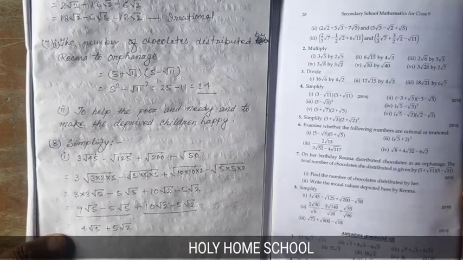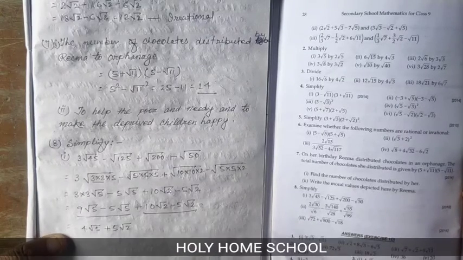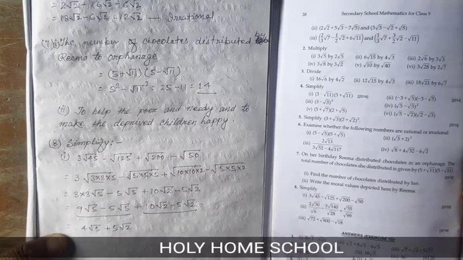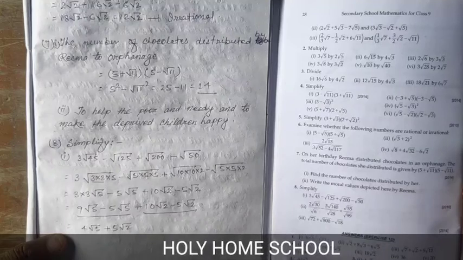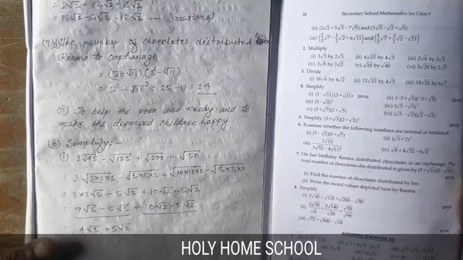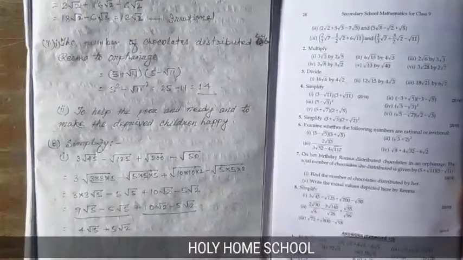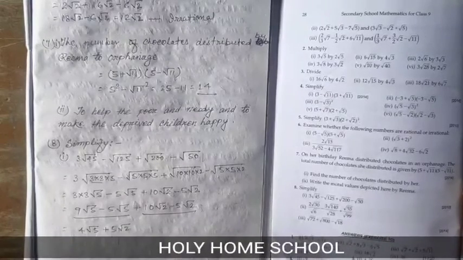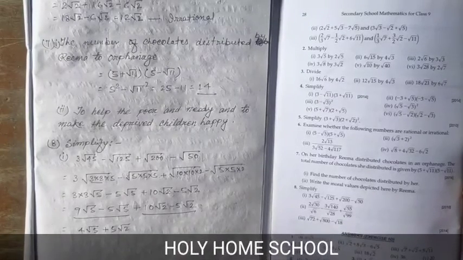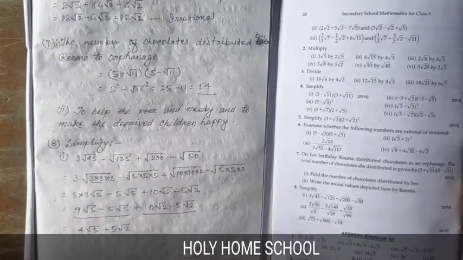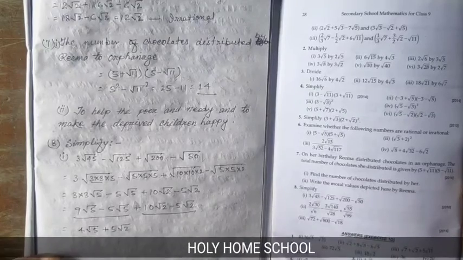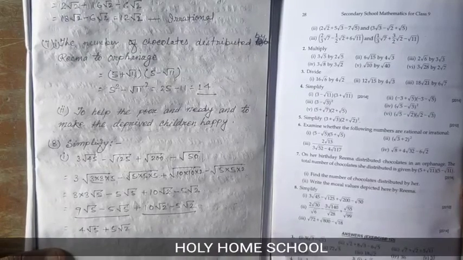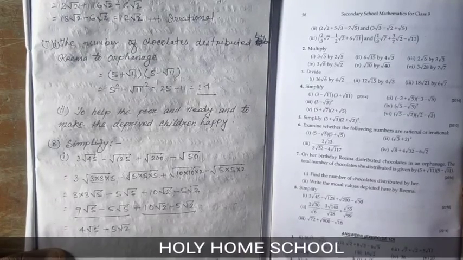Expand root 125, that will be 5 multiply 5 multiply 5. Expand root 200, it will be 10 multiply 10 multiply 2. Root 50 expanded forms root 5 multiply 5 multiply 2.